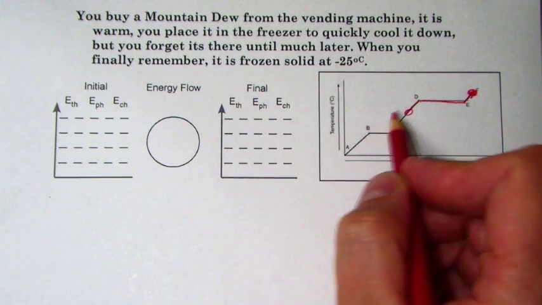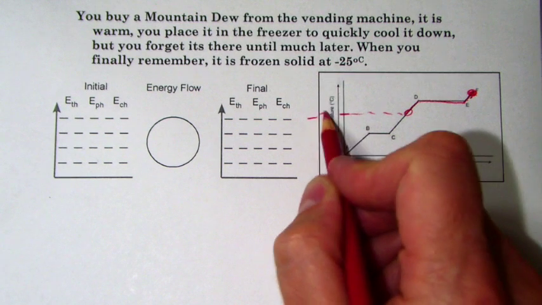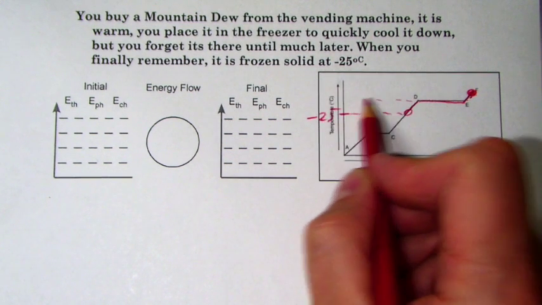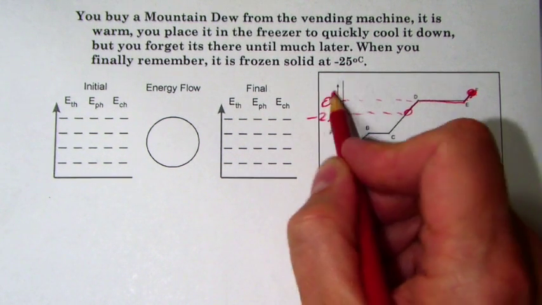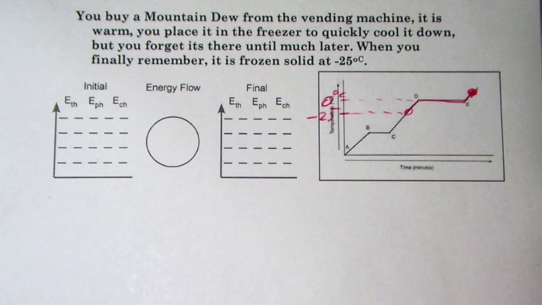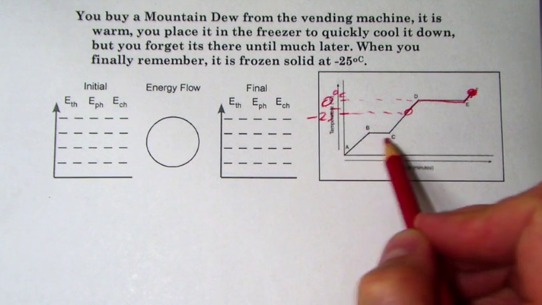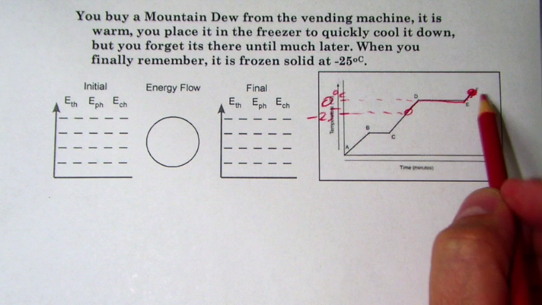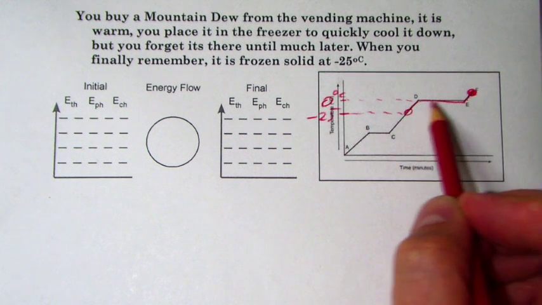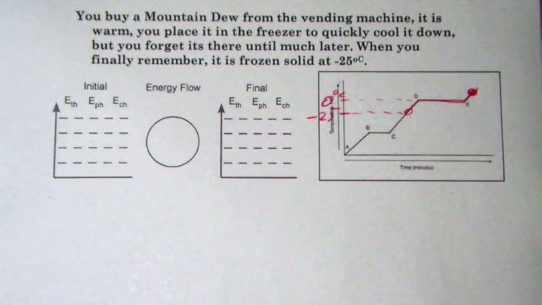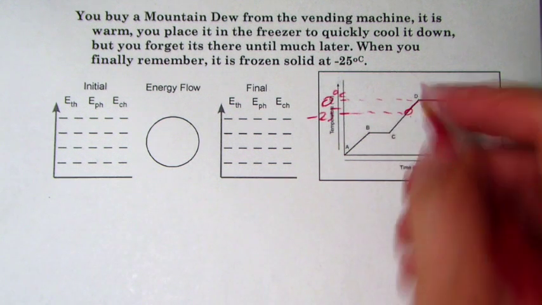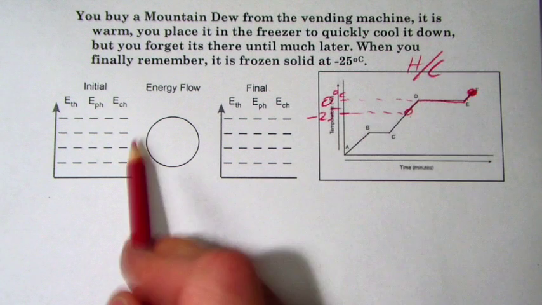So I'll say somewhere around here, because this is negative 25 Celsius. This is the freezing point. That's 0. And as you can tell, down here is where it changes from liquid to gas. But it starts as a liquid, freezes solid, and becomes a solid down there. So this is my heating and cooling curve, and I'm going to transfer that here.